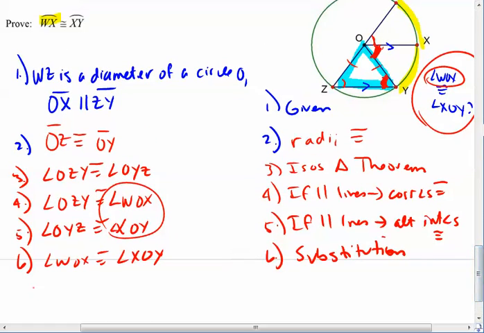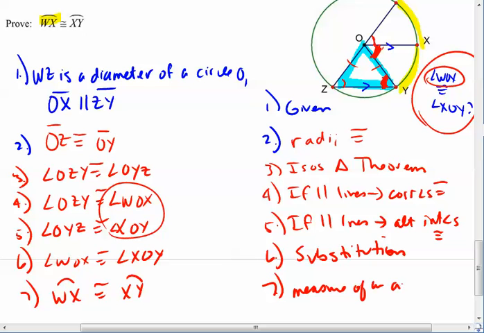And then finally, I can say with our new rule from today that arc WX is congruent to arc XY, and that's because the measure of an arc is equal to the measure of a central angle.